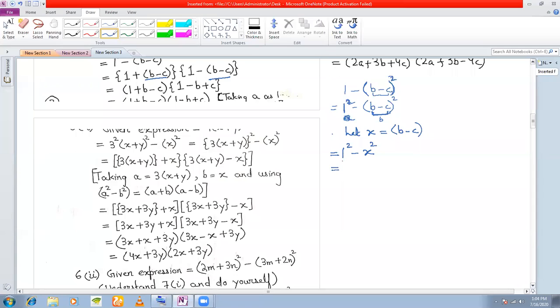So now this is a difference of 2 squares. So a here is 1 and b here is my x. We know that a square minus b square is a plus b into a minus b, and I've already got a square minus b square here, so this should be a plus b into a minus b. Now that I have taken x equal to b minus c, I'll just put back the value.